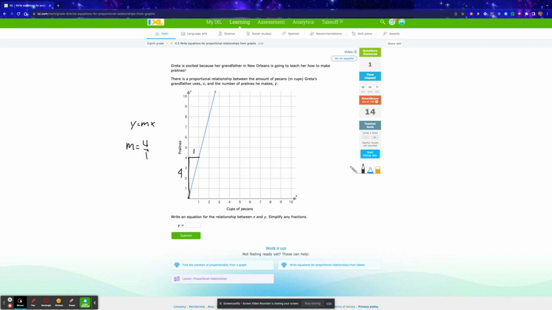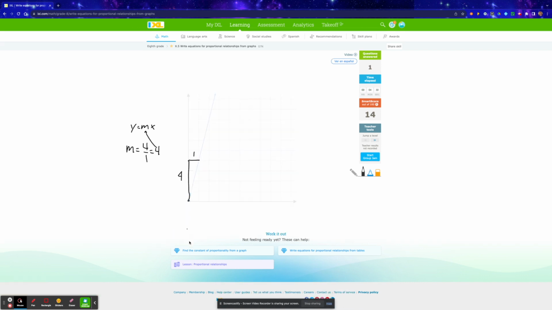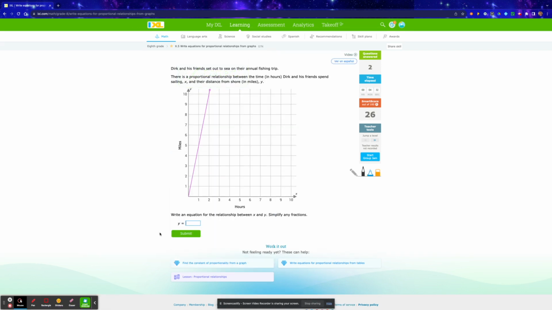So my slope is 4. So this is just 4. So to write the equation, replace m with 4. So again, they typed y equals, so all we do in this box is 4x. We hit submit. Lo and behold, we are correct.